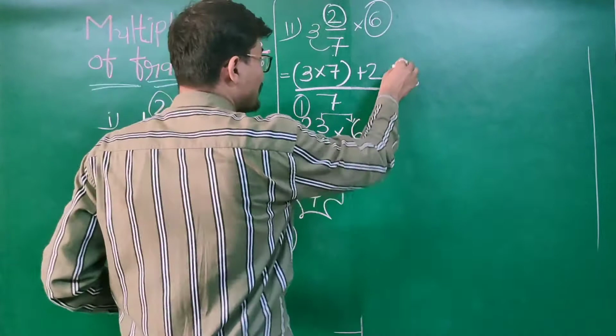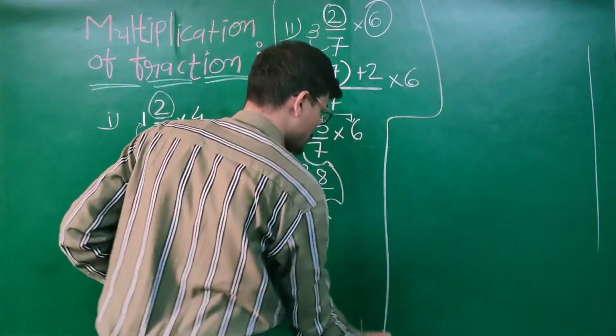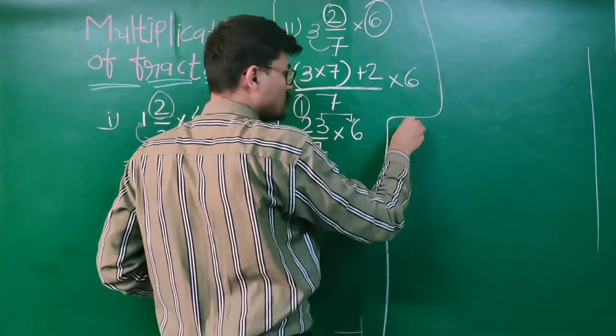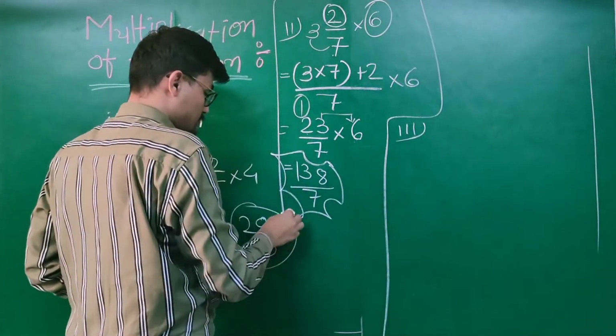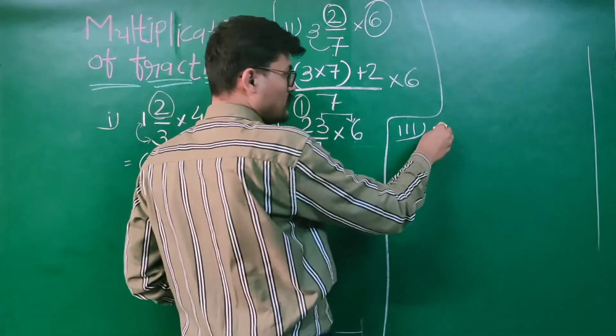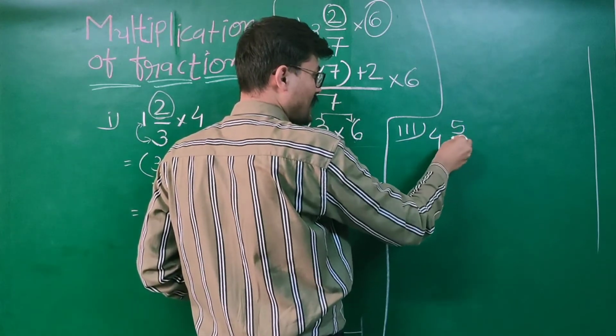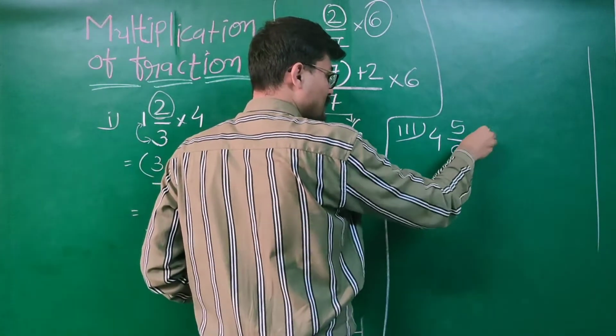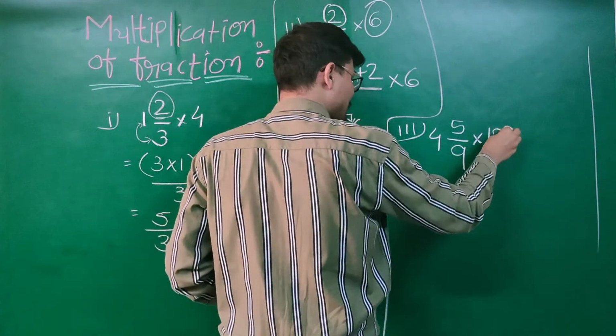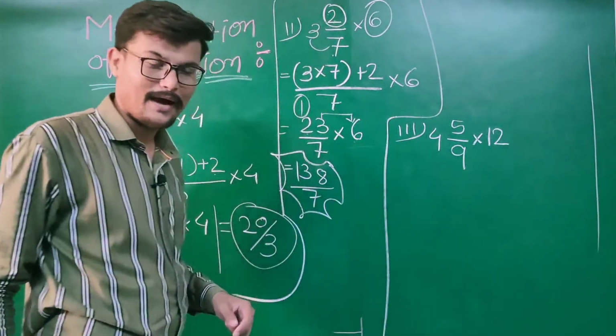Now we are taking one more example to show you how to multiply a mixed fraction. Suppose I write here 4 and 5 upon 9 multiplied by 12.